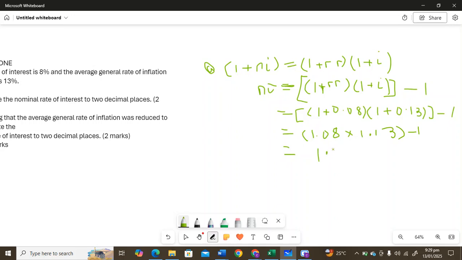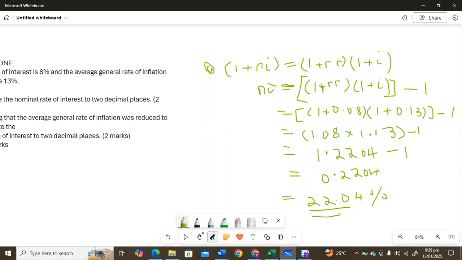So we just put it as 1.22, like 1.2204. Then you subtract a 1 from this. 1.2204 minus 1, you get 0.2204. If we convert this into a percentage, it is 22.04%. So this is our nominal interest rate, the interest rate where you haven't made any adjustments for inflation.